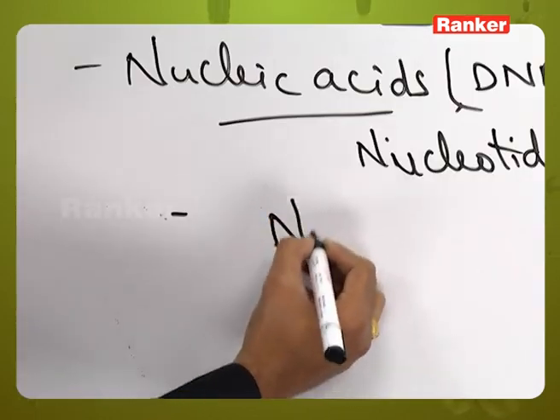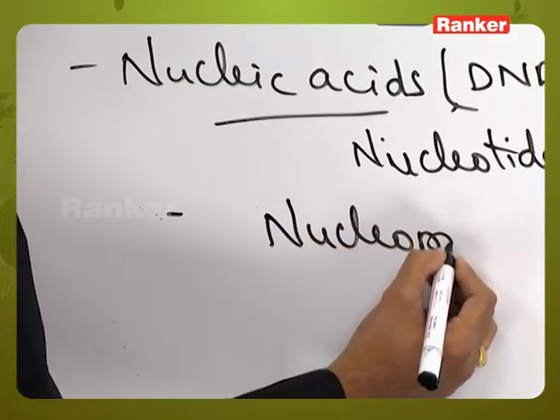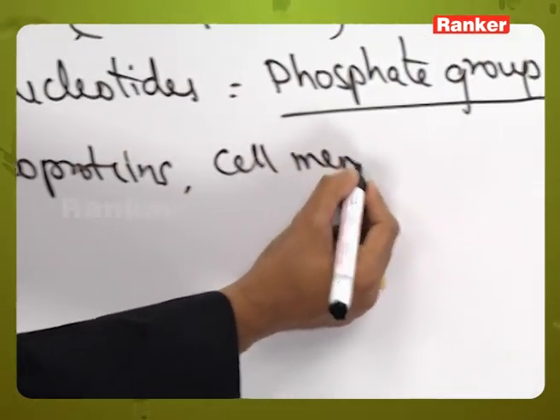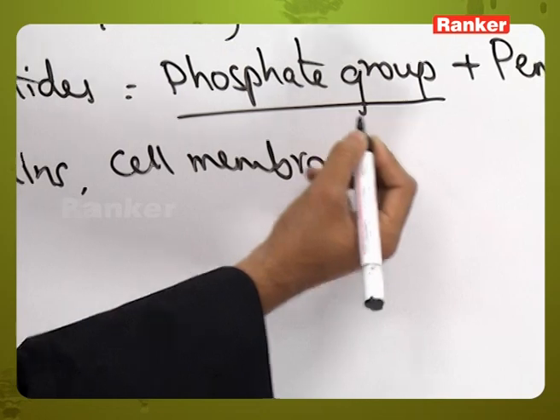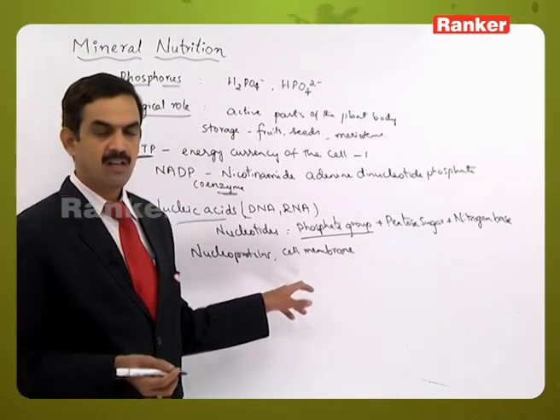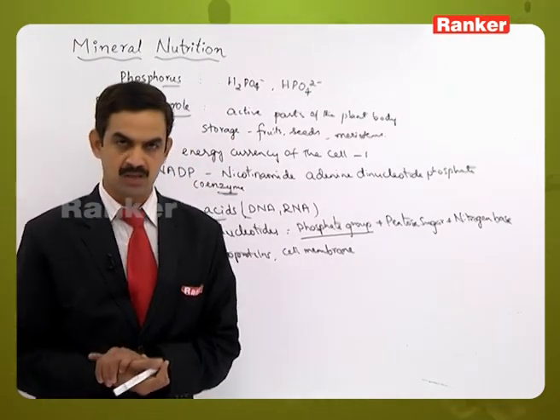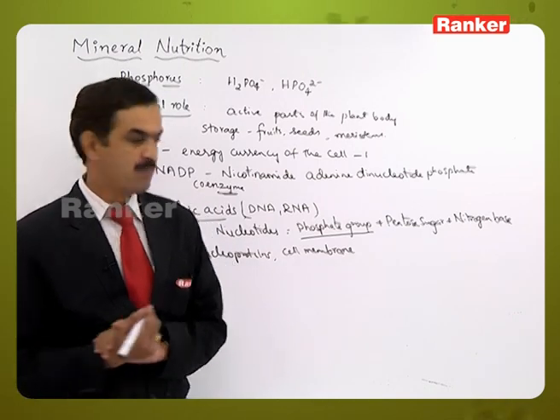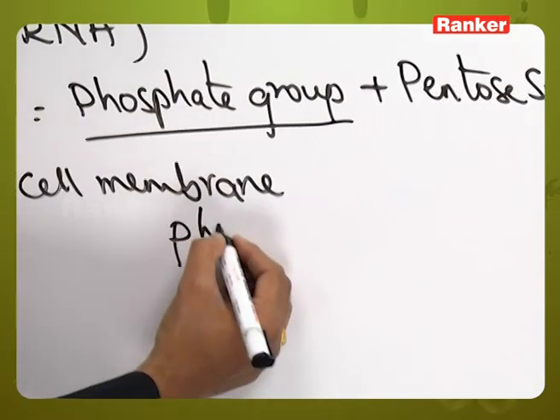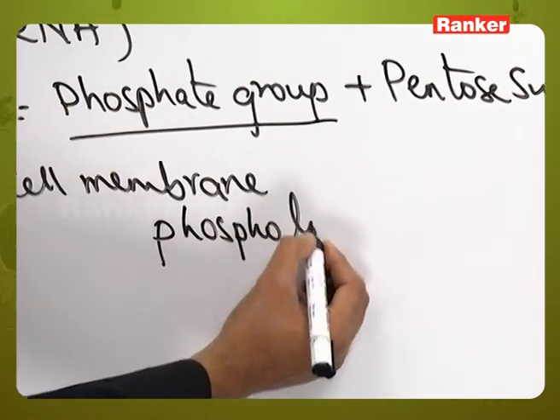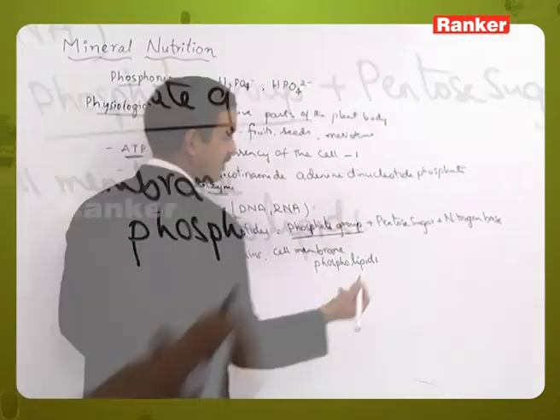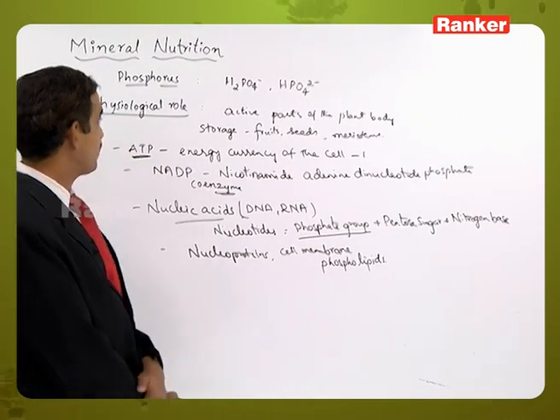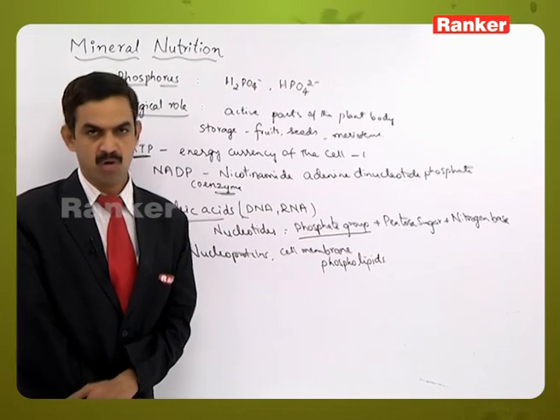Then these are part of nucleoproteins and the cell membrane also. The cell membrane, or plasma membrane, is made up of lipoproteins, where the lipids contain phosphorus, that is, phospholipids are present. Likewise, it plays important roles in the various physiological functions of the plant body.